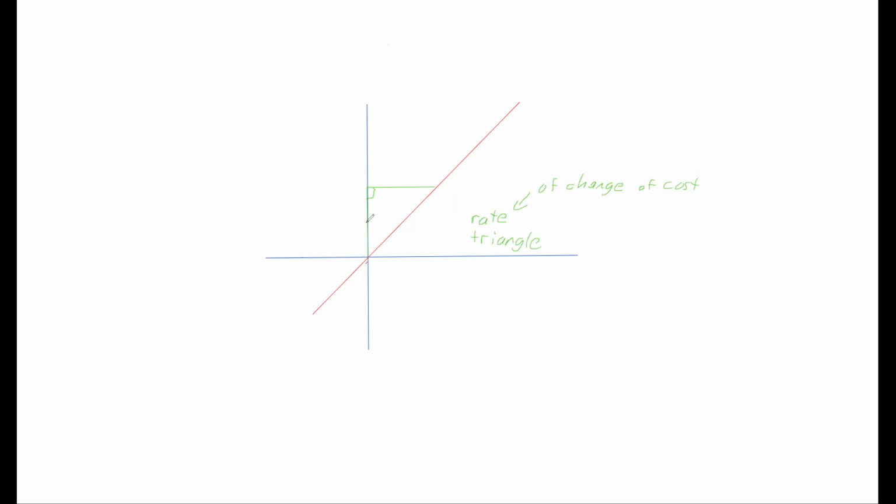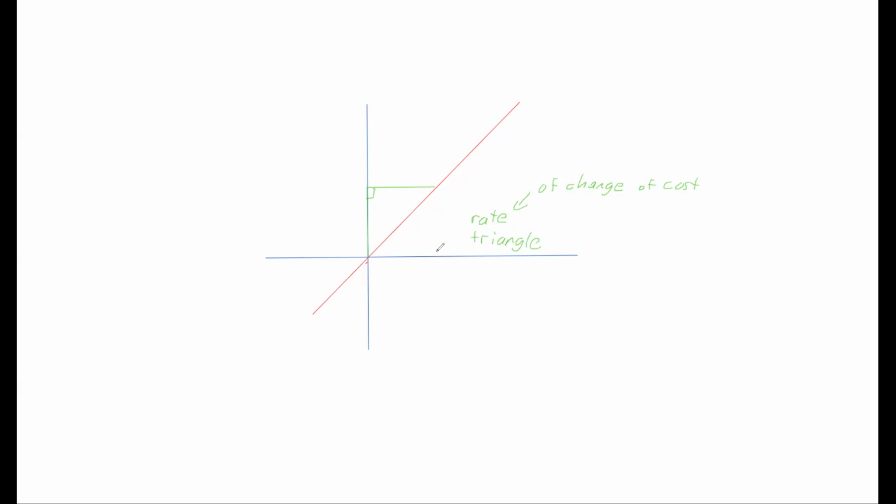So we're going perfectly vertical along the dependent axis, perfectly horizontal in the direction of the independent axis, and where those things match up and join the graph itself, that forms the rate triangle, which tells us the rate of change of cost.